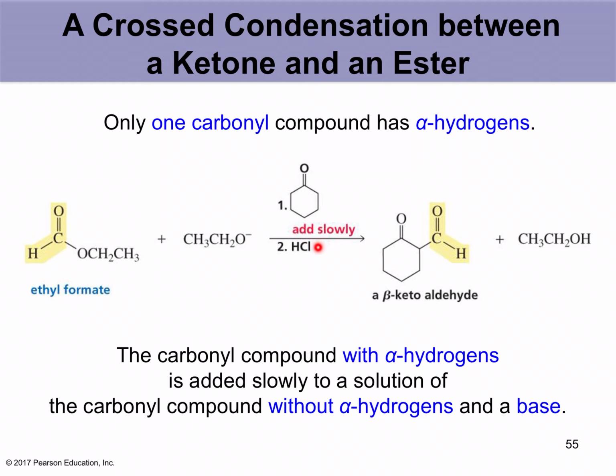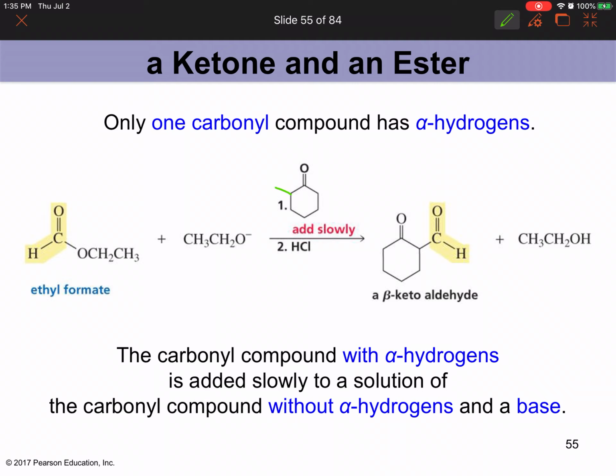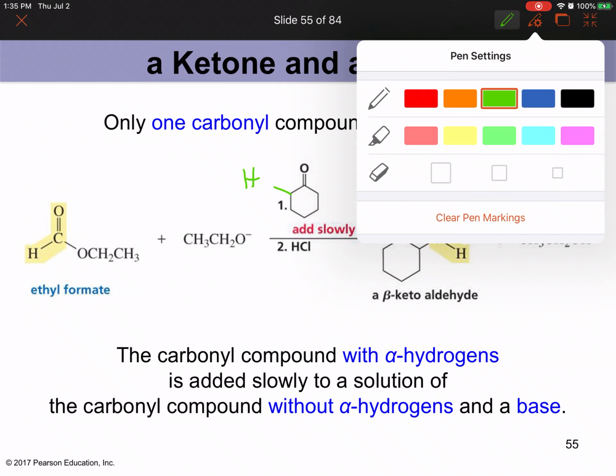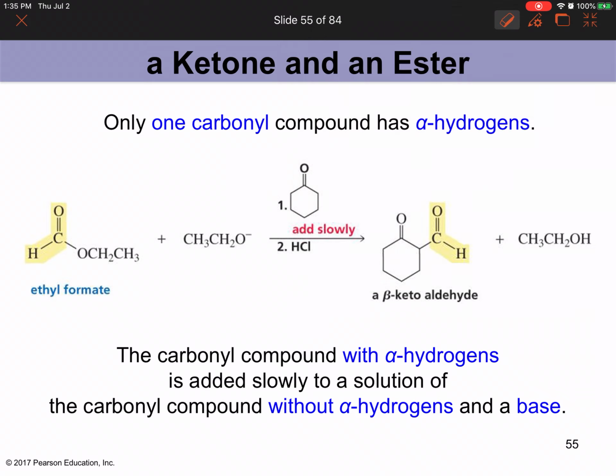Then you're going to be adding this one slowly. When you add this one slowly, what's going to happen? The ethoxide reacts with the alpha hydrogen here and forms the enolate. Once the enolate, or the carbanion, is formed here, it is going to react with this carbonyl carbon. It will take this hydrogen and form the carbanion over here, and this is going to attack this carbonyl group, open up, come back down, lose that.